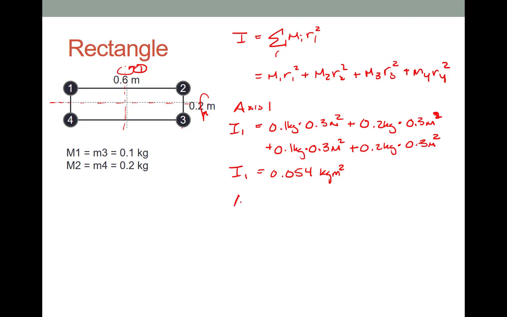If we now go to axis 2, then the moment of inertia about this axis will be 0.1 kilograms for mass 1 times the distance mass 1 is from our second axis, which is this distance, or half of 0.2. And that, if you look, will be the distance for all the masses in this case, just as we had for axis 1.